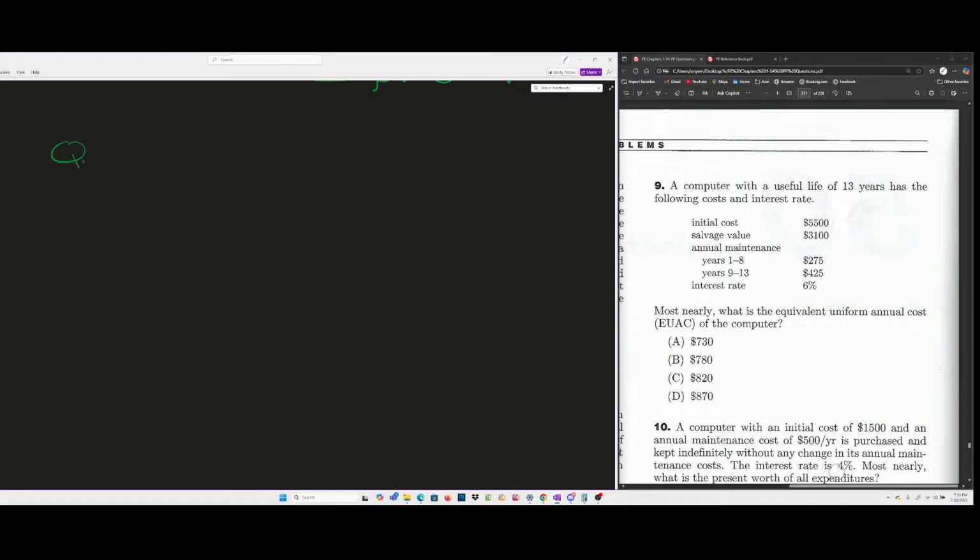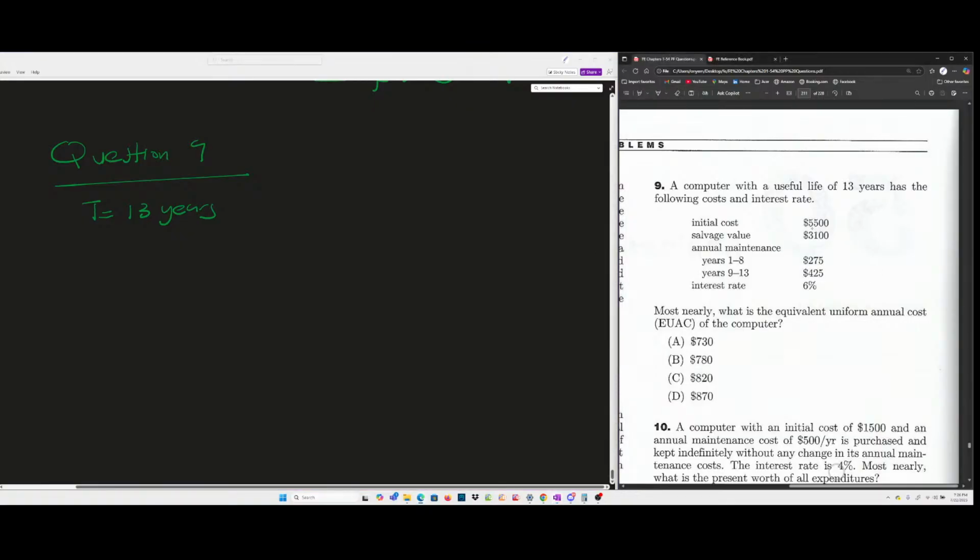So we have question 9. Question 9 says a computer with a useful life of 13 years. So the lifespan is 13 years. The initial cost is 15,500.